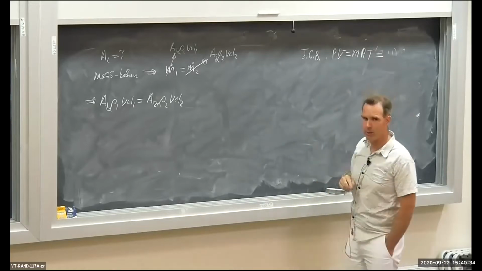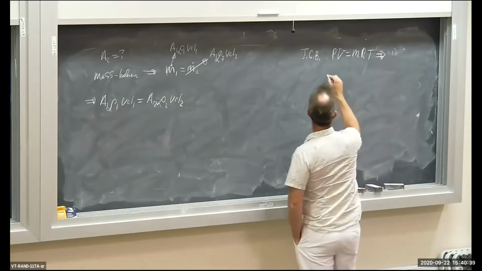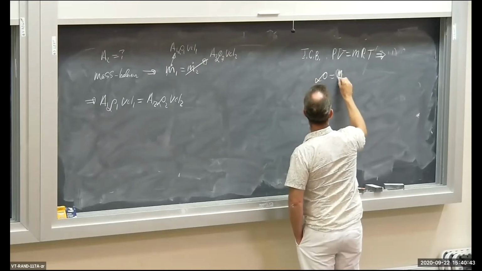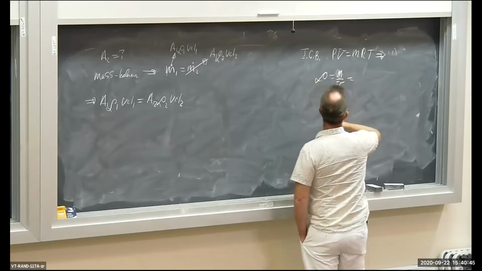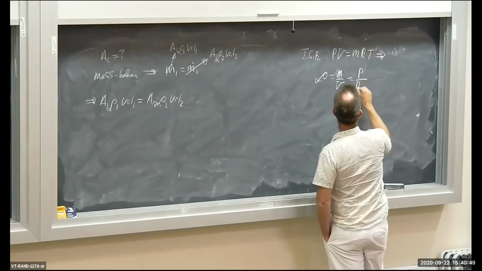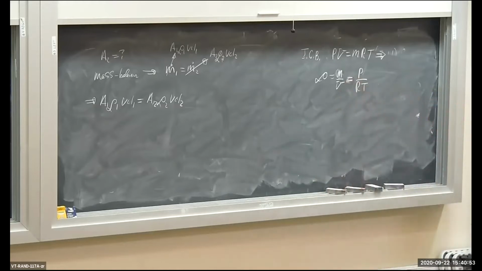Density is mass divided by volume, so density is equal to pressure divided by RT.